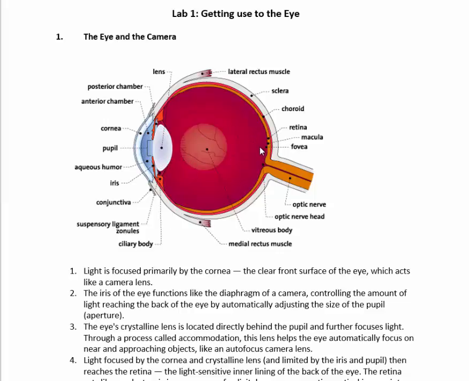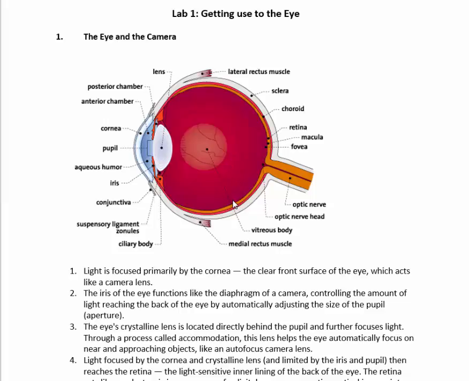Well, all these are important parts of the camera. When the image falls on the retina, the information is actually carried to the brain by the optic nerve. Now, there are what we call rods and cones that help you with color vision. And all these are very important parts of the human eye.